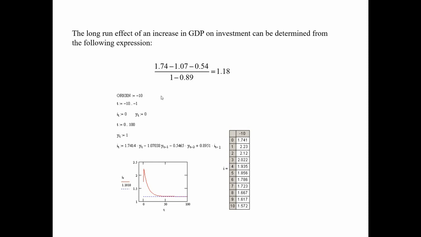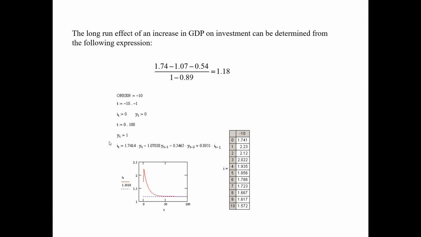Now, we can work out the distributed lag effect by using this difference equation approach here, where I write the difference equation in I as a function of current and lagged Y's and lagged I's. And then I consider the effect of a permanent increase in Y of 1 unit.